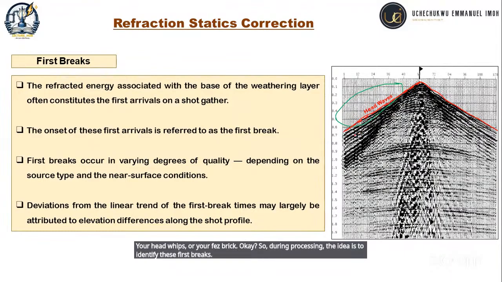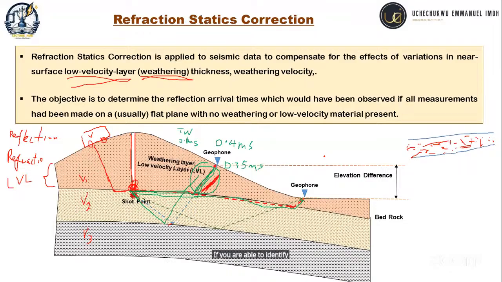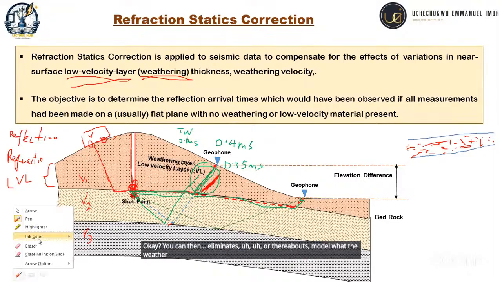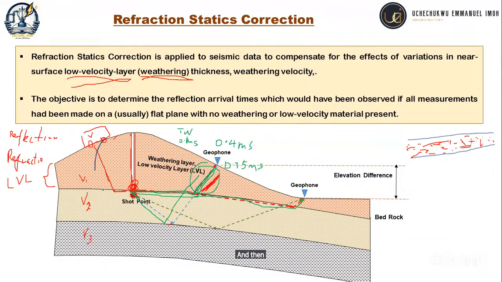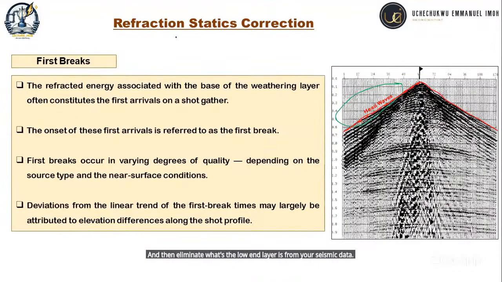If you're able to identify the first breaks, you can then model what the weather layer is like, and then eliminate the weather layer from your seismic data. So the first break, which is the onset, we first of all pick them out. Oh, it's a very tedious processing step.